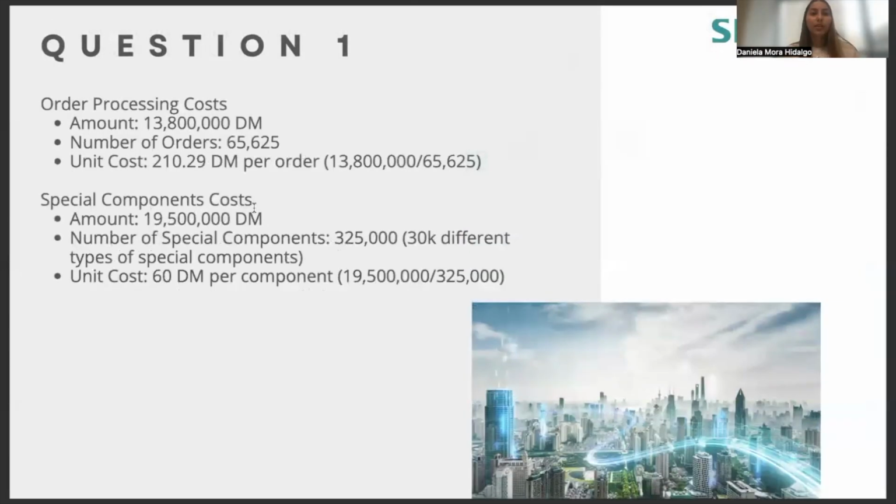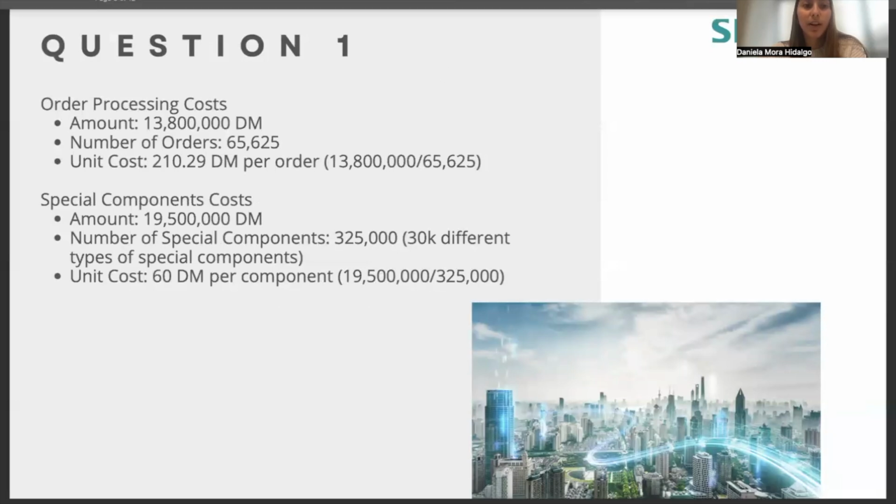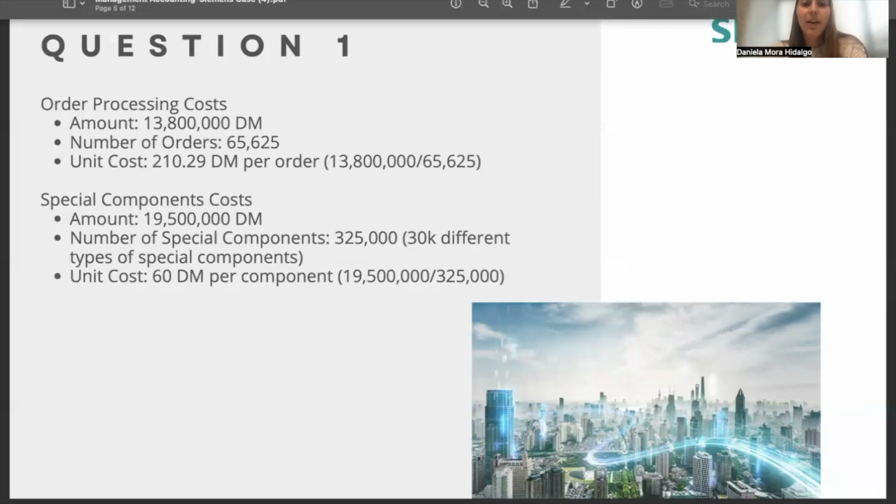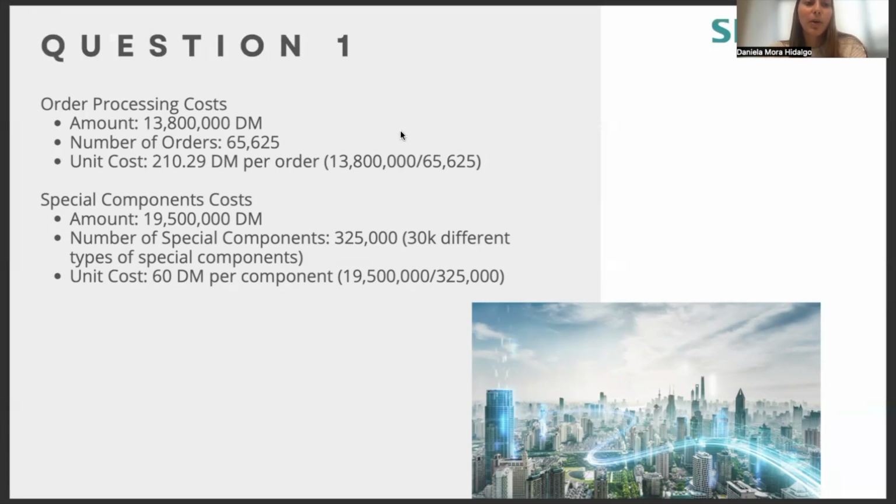So now we'll discuss order processing costs, which amount to 30,800,000 Deutsche Mark, and the number of orders is 65,625. We then divide the 30,800,000 by the 65,625, and we get the unit cost of 2,210.29 Deutsche Mark.